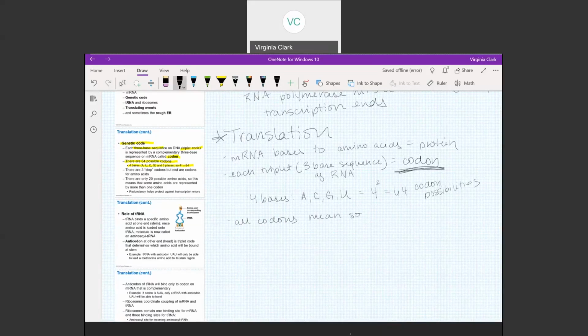So these are going to be a communication signal. 3 of these are stop signals. 61 will code for an amino acid. 1 will code for start.